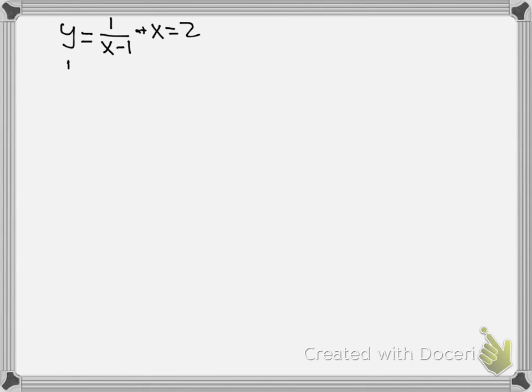Number 2, the equation of the tangent line, and then insult to injury, number 3, the equation of the normal line.